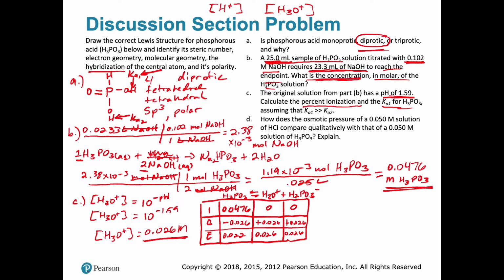So if you remember from a couple of previous slides ago, percent ionization equals the concentration of hydronium at equilibrium divided by the concentration of the original acid times 100%, right?